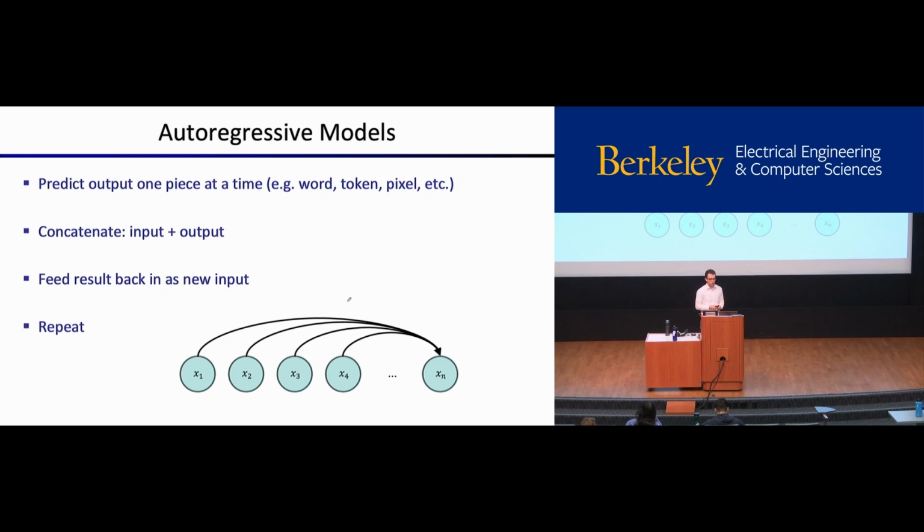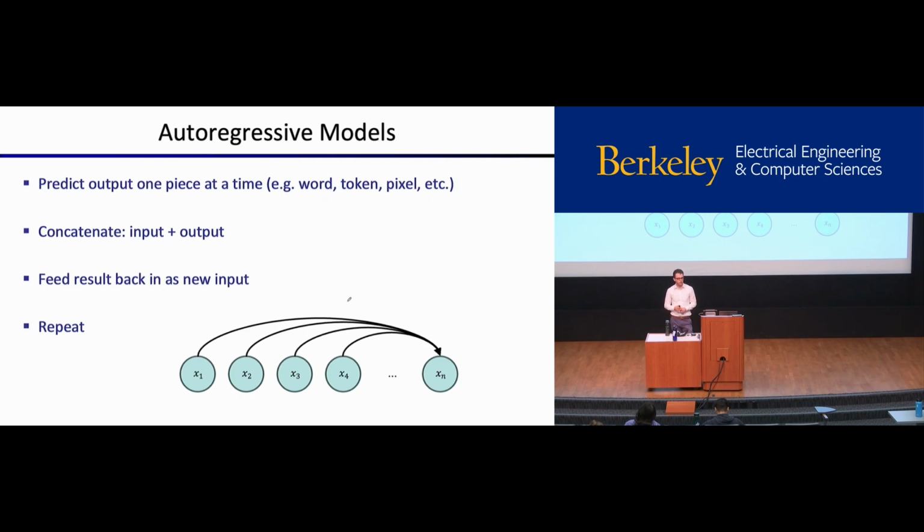And this might be quite a lot. Some of these models have context windows that are millions of tokens at this point. So this could be a lot of information to condition on, and it's not clear if we need to be paying attention to all of that information.